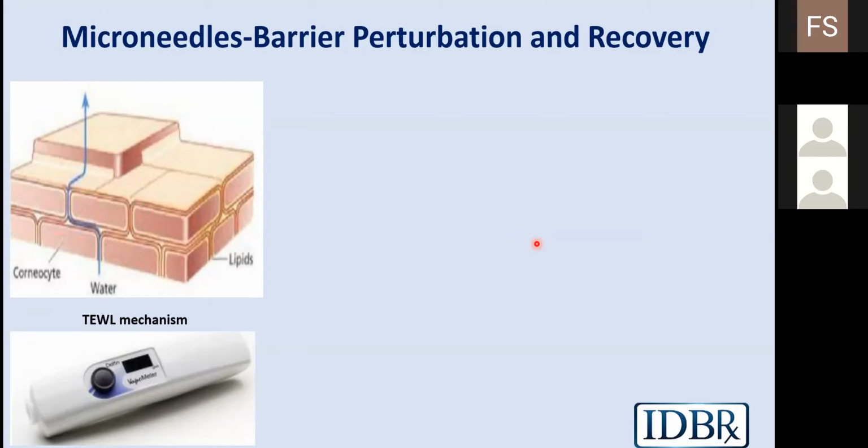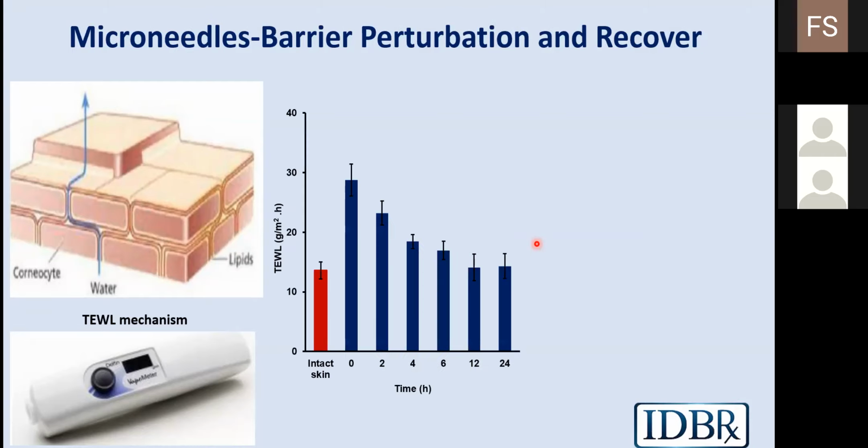But it's not so. We have tested this, and we have found that this is the TEWL value of intact skin. Then when you rupture it using the microneedle that we prepared, the microneedle that we designed led to an increase in the TEWL value immediately after we rupture the skin. And then eventually the TEWL value will come back to normal.